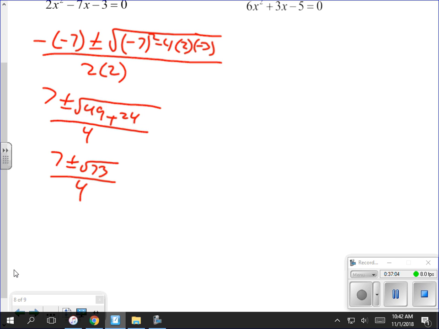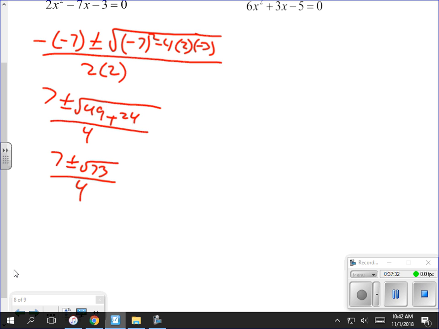And this is what I do when I do this. I don't take the square root of 73, get that answer, and then do 7 plus or minus that. Here's what I do. I do 7 plus the square root of 73 equals, and take that number divided by 4.